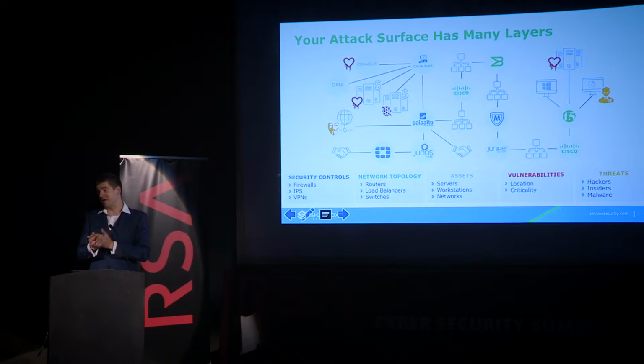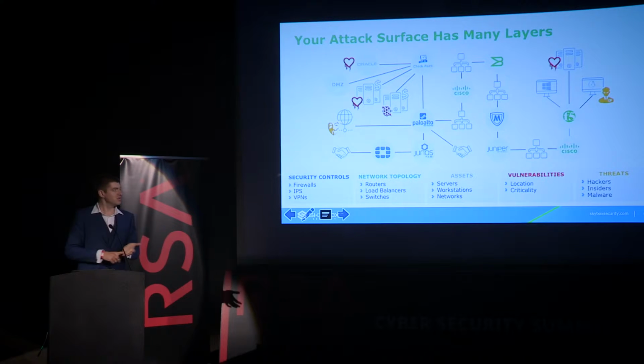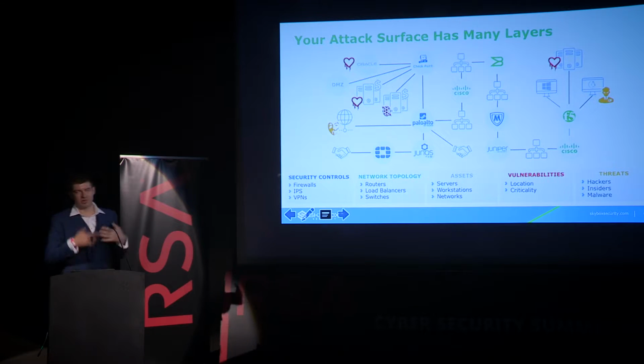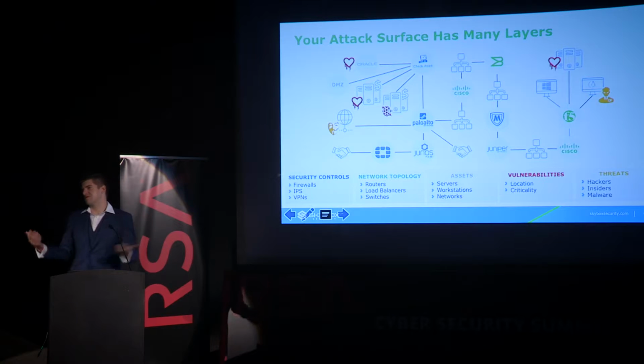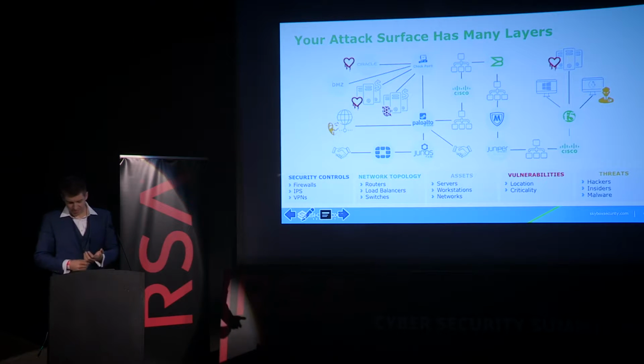And then we have threats. When we speak about threats, we typically speak about hackers, insiders, or not exactly malicious insiders, but people whose workstations are infested or used as gateways to accelerate a multi-tier attack. And of course you have malware.